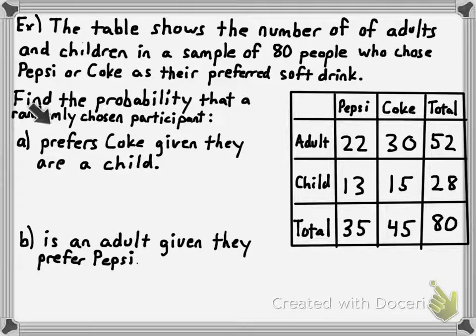First, let's find the probability that somebody prefers Coke, given that they are a child.